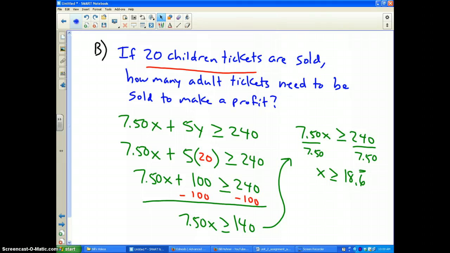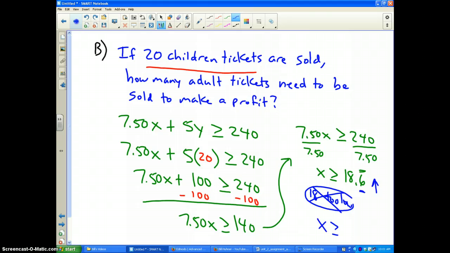Well, if we chose 18, 18 is too low. You're not going to make $240. So we can't sell 0.6 tickets, so therefore we need to round up in order to make our profit.